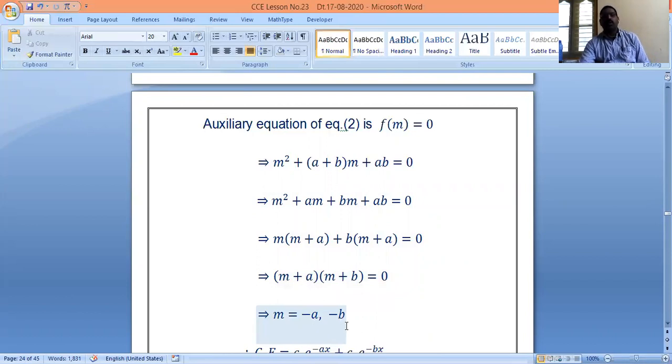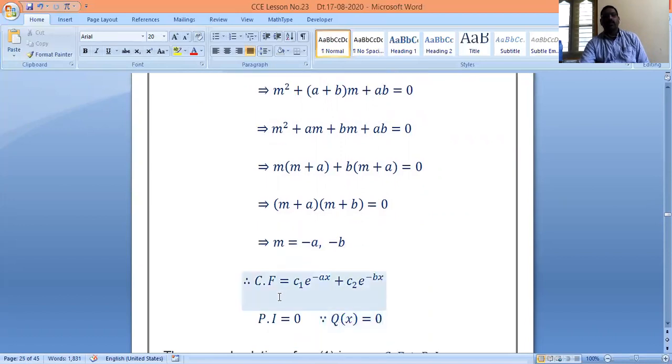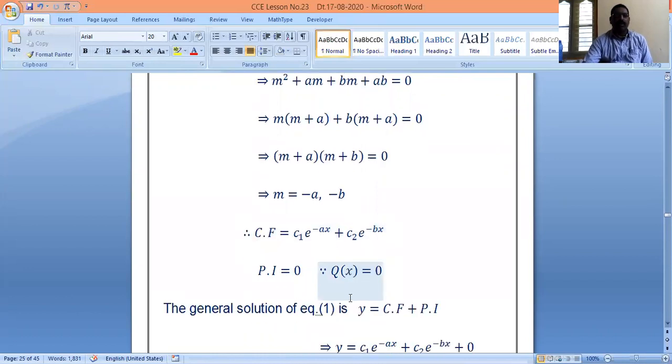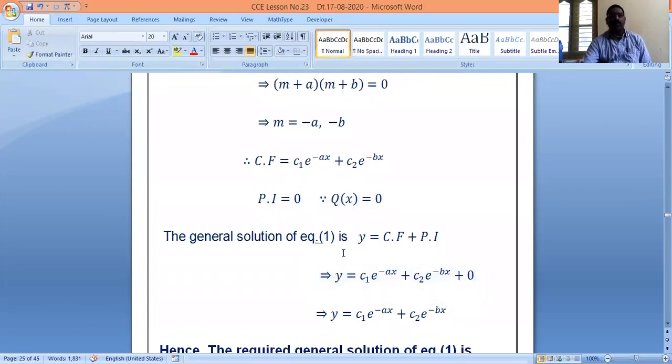These two roots are distinct. Therefore, CF = c1 e^(−ax) + c2 e^(−bx). Since Q(x) = 0, PI is also 0. Therefore, the general solution of equation 1 is y = CF + PI.